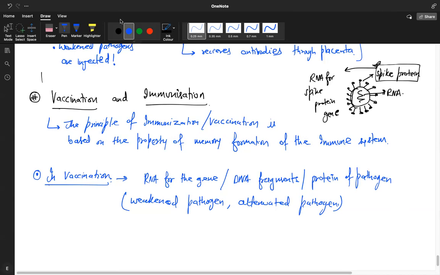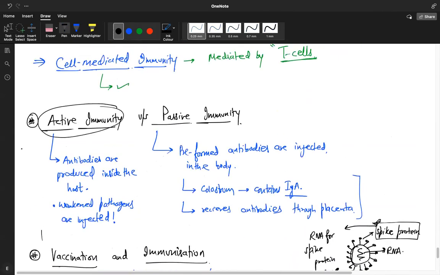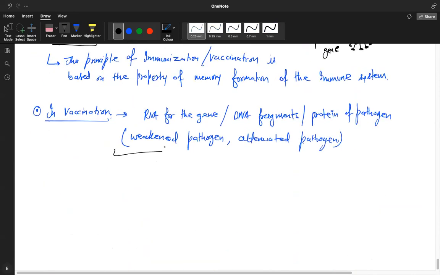So what are we doing in vaccination? Basically this thing we are trying to generate. So vaccination generates active immunity, correct?